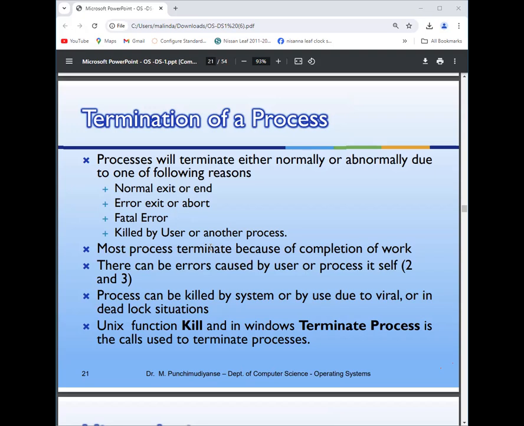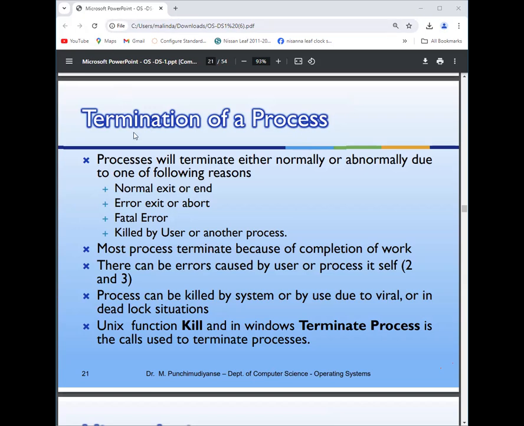Otherwise another process can terminate the running process. So in either situation, the process can be killed. So these are the four types.